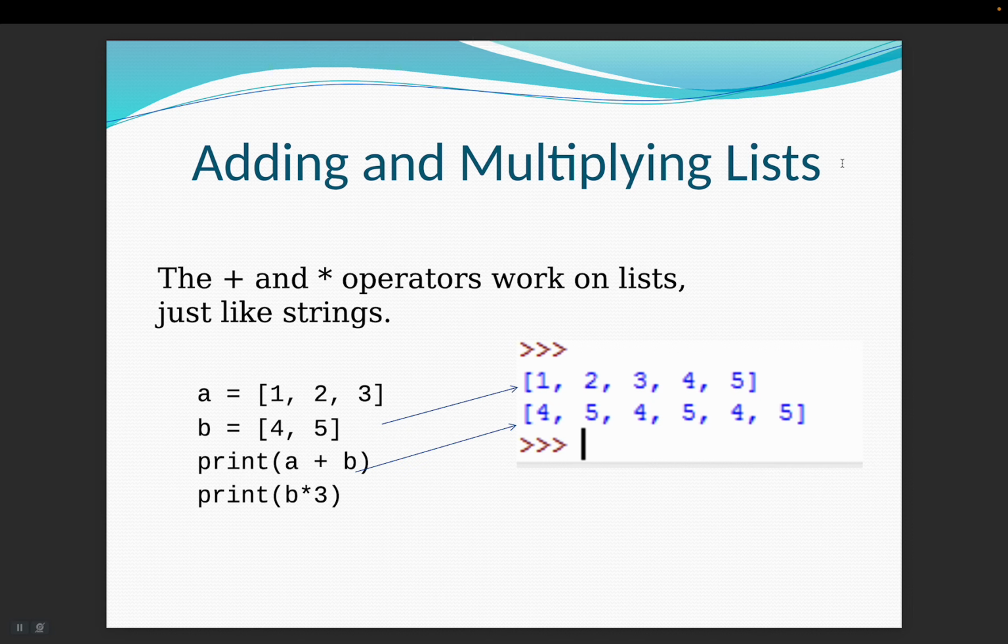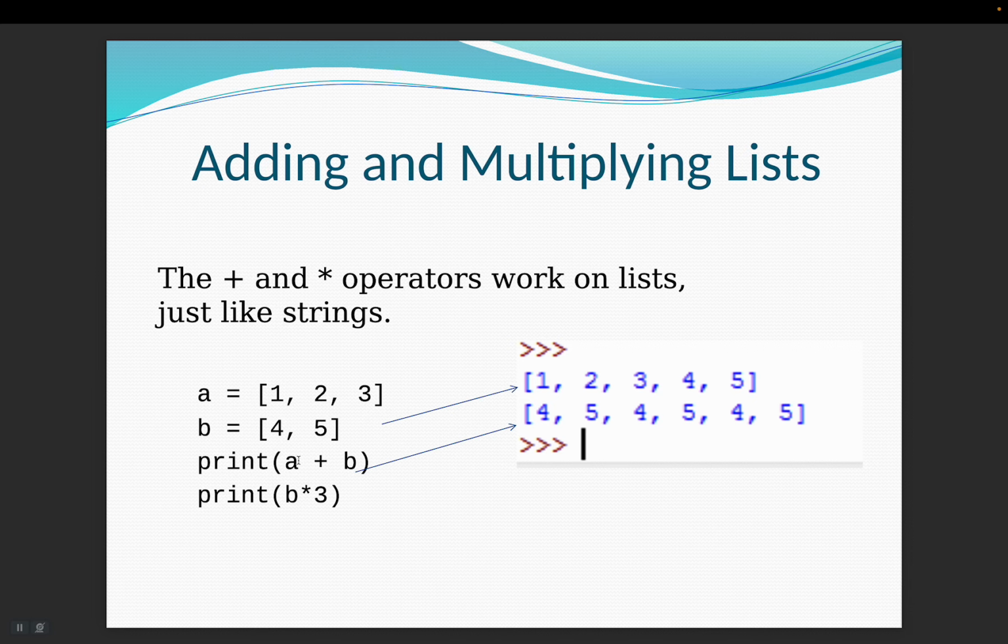Okay, so adding and multiplying lists. The plus and multiplication operator works on lists just like strings. So we have the list A, we have the list B. A is 1, 2, 3, B is 4, 5.